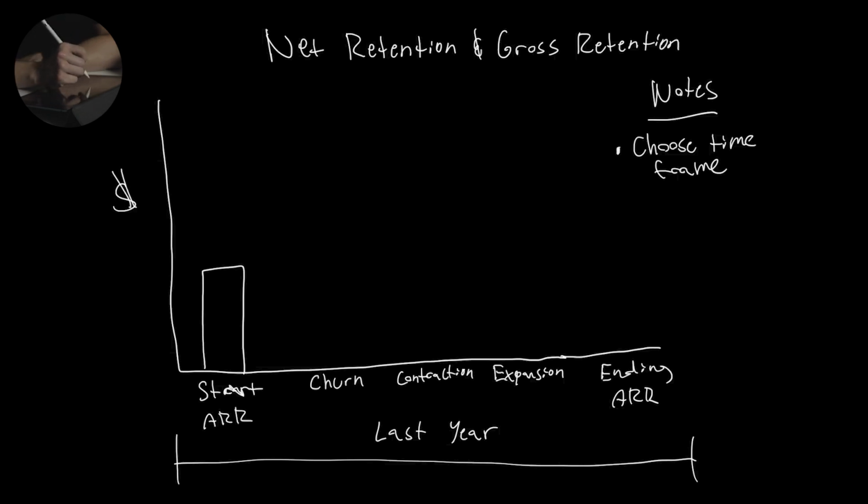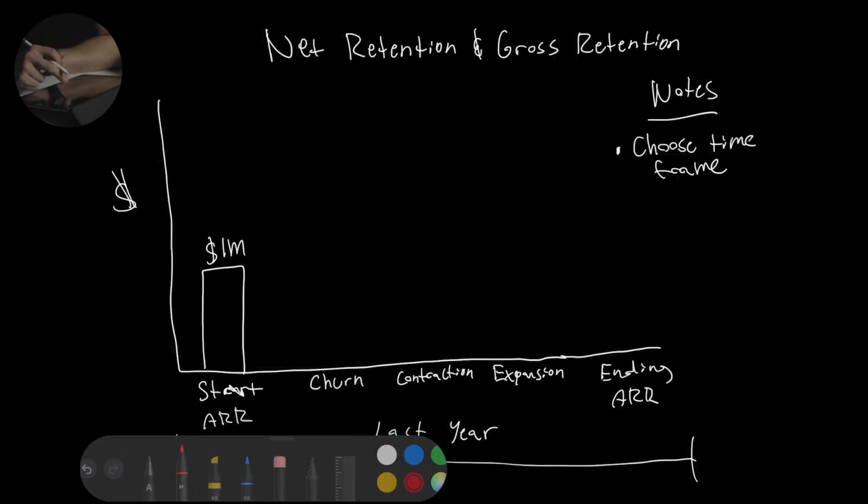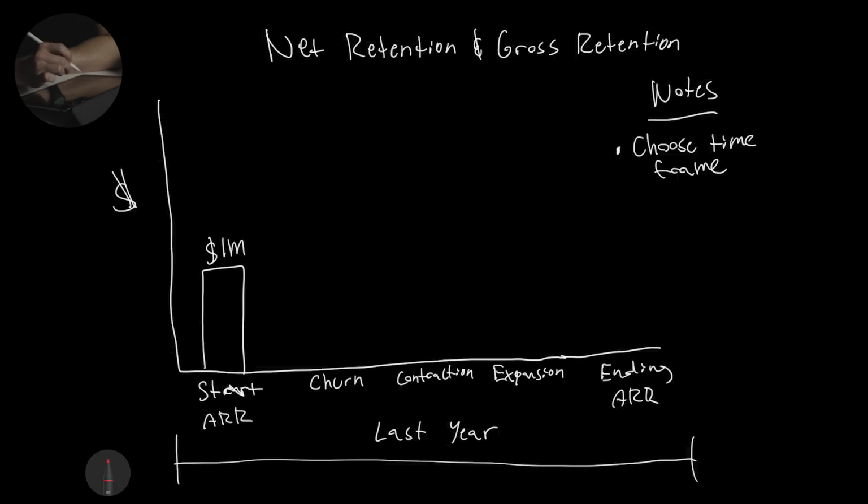So let's say your starting ARR is $1 million. Then, during the same period, you churned $100,000. And the remaining customer base contracted $50,000.